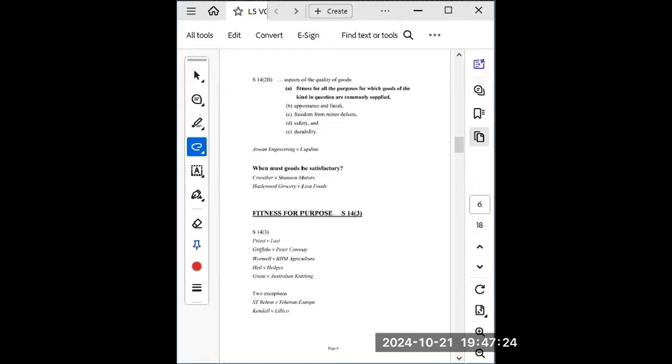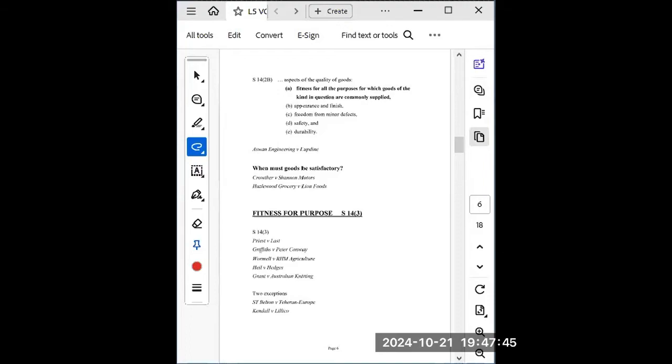So if the seller does not put this in instructions, it's probably okay. No breach. The seller could not reasonably foresee if this particular buyer did not cook the pork thoroughly. This was the case of Hill against Hedges.